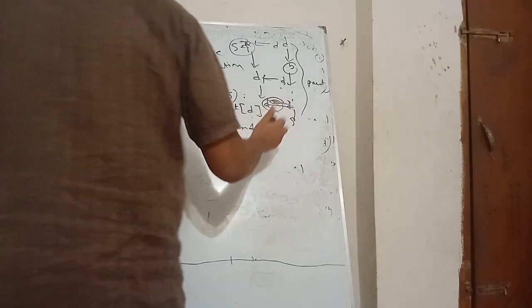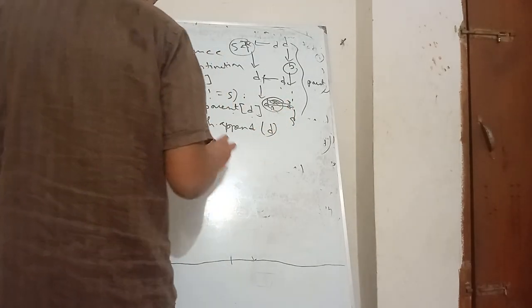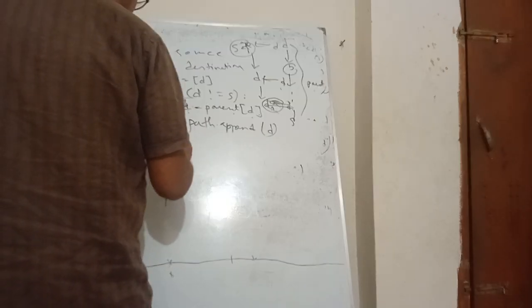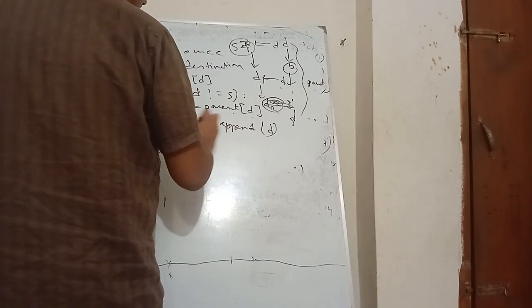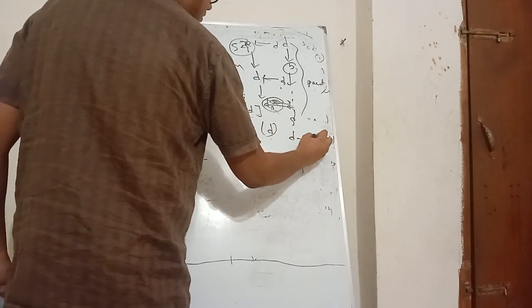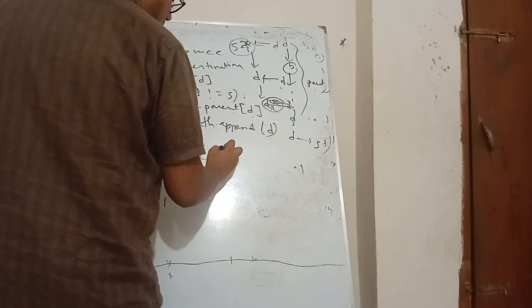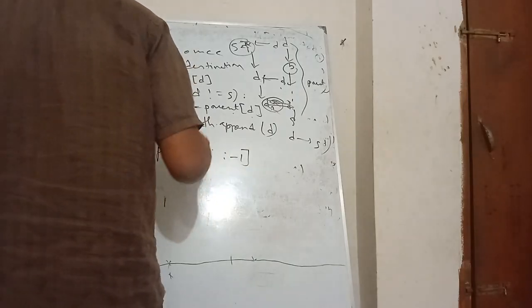So we get the path, but it is in reverse. This path means destination to source, but our output should be source to destination. We just reverse the list.